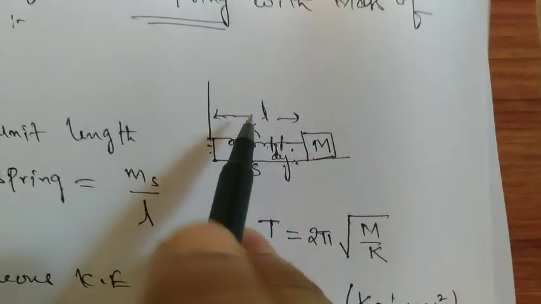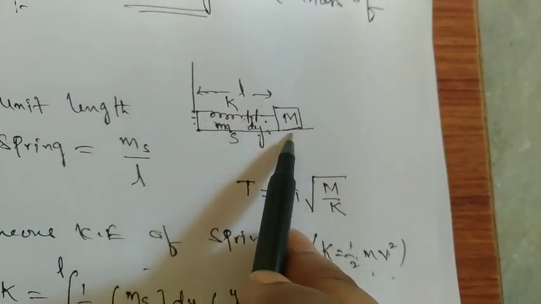Kinetic energy of the system means kinetic energy of the spring as well as kinetic energy of the block.